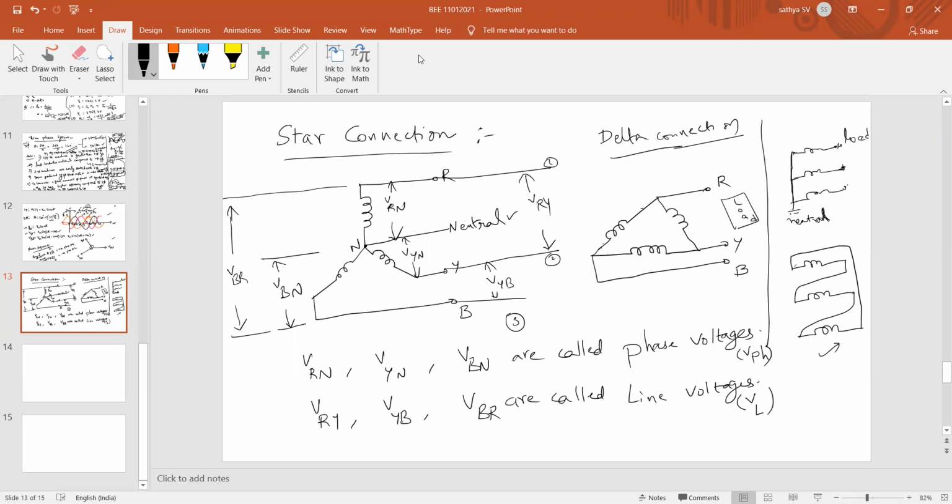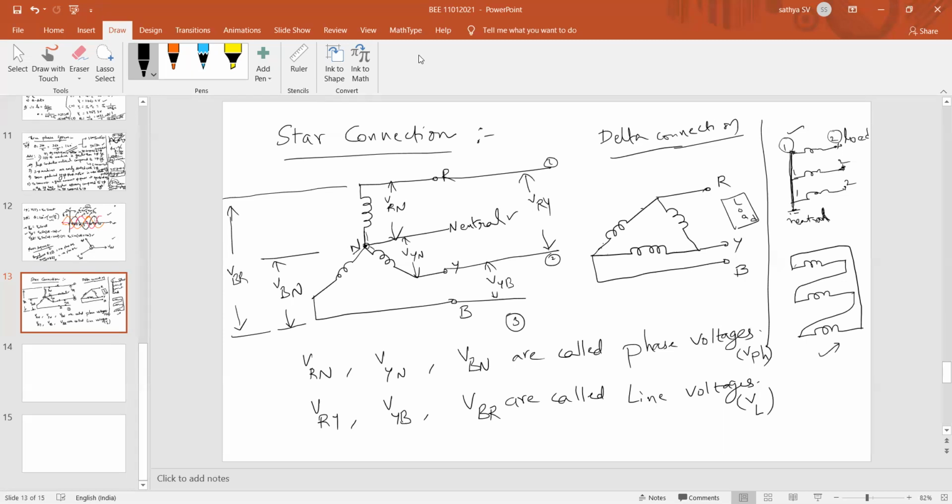That should be fine. See here, the star connection is obtained in this diagram. You can see the star connection is obtained by joining the initial ends. Let us take this is the first end, this is the second end, that is, one is the initial end, second one is the terminal end. So by joining all the similar ends together to a common point. See here also all the similar ends are joined together to a common point.